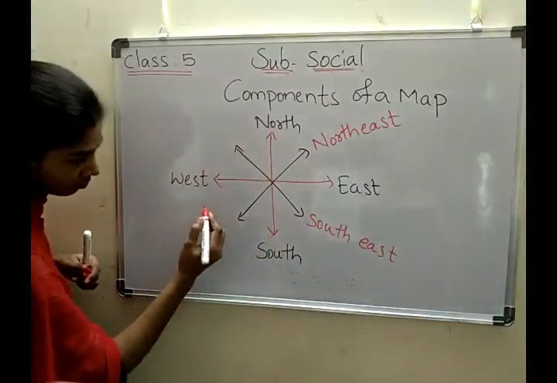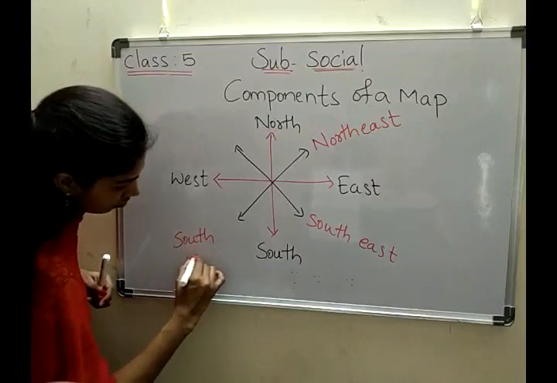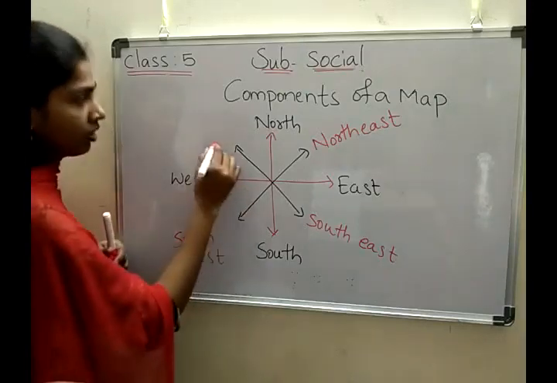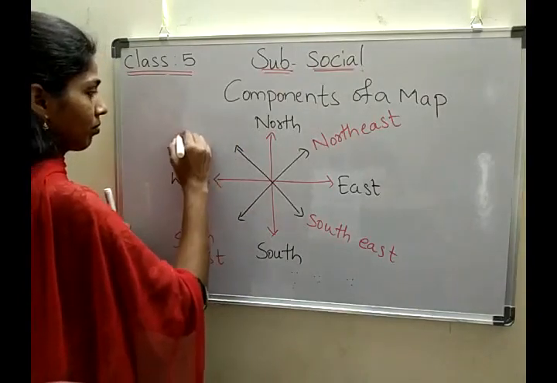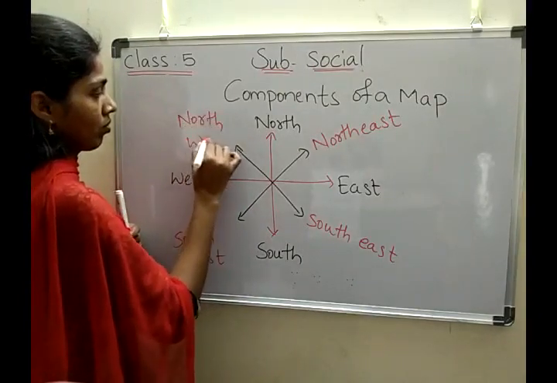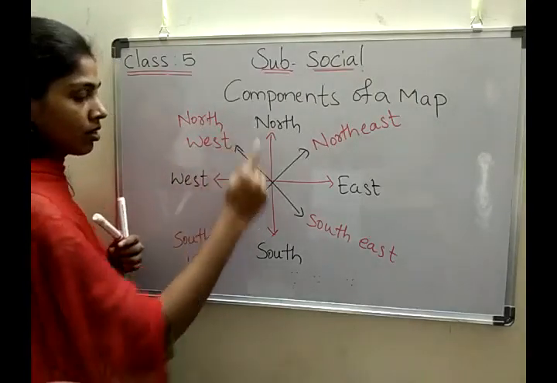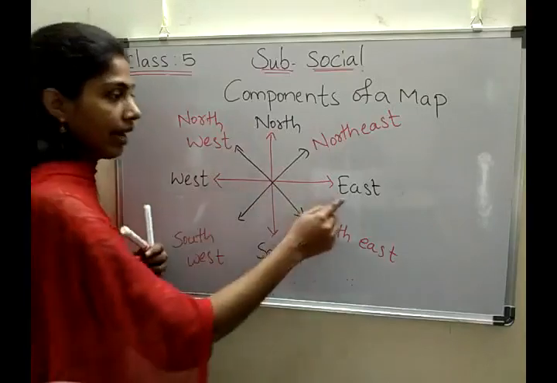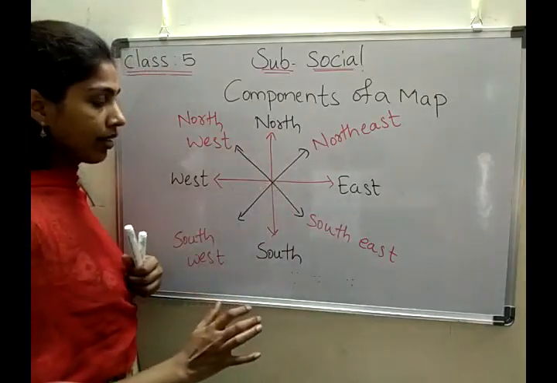Now tell me here, very good, southwest, here, very good, northwest. North, south, west and east are the main directions or cardinal directions.